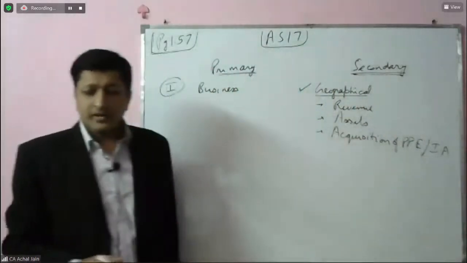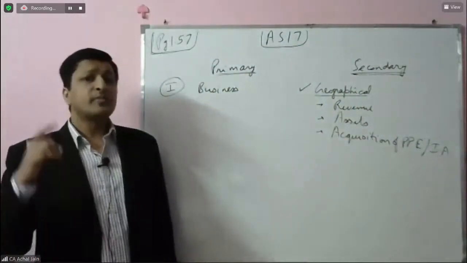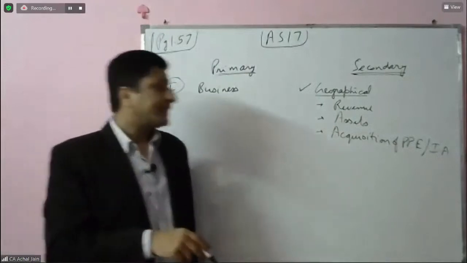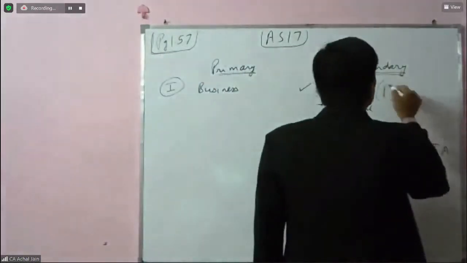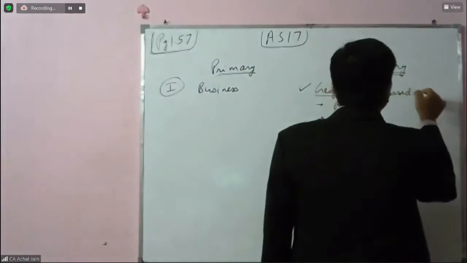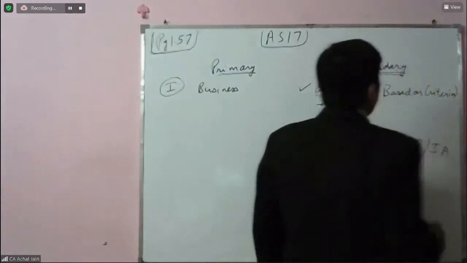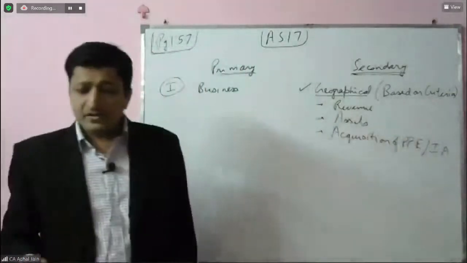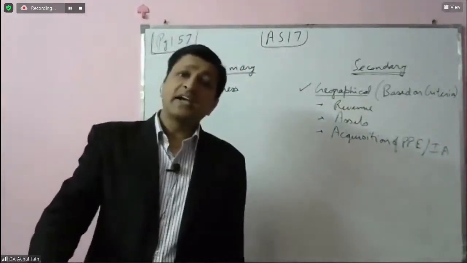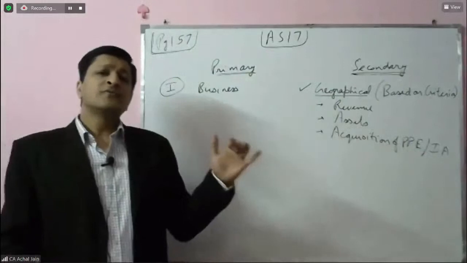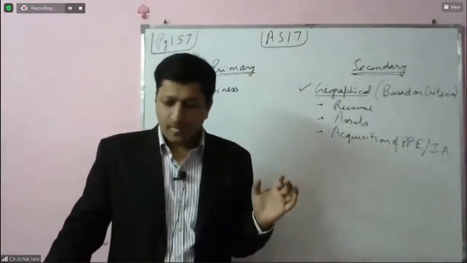This is required to be given, but this is required to be given based on the criteria. Okay, this is based on some criteria, and this criteria is not the one which we use for reportable segments.